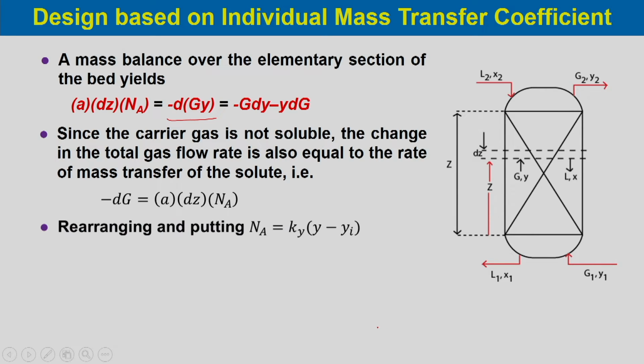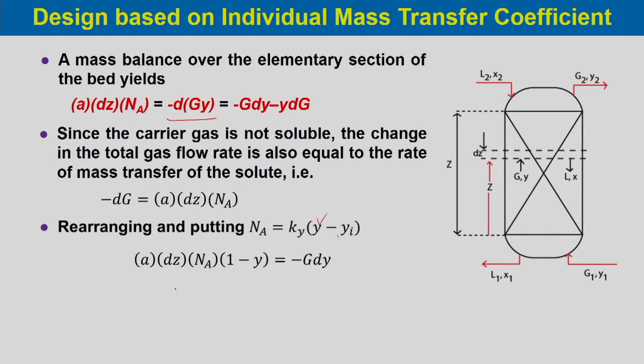If we rearrange and put Na equal to ky into y minus yi, where y is the concentration in the bulk and yi is the interfacial concentration between the gas and liquid, then the flux Na would be ky (y minus yi).